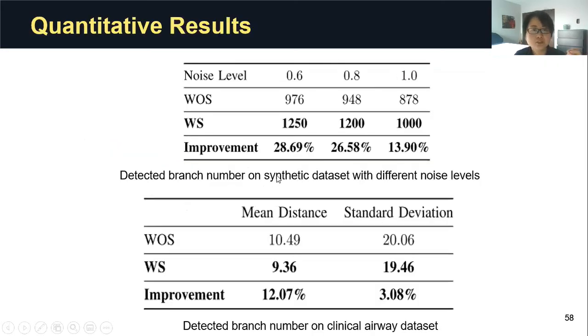Here are the quantitative results for the synthetic dataset as well as the clinical dataset. WOS means without statistics, WS means with statistics. We can see that with different noise levels across the synthetic dataset, using statistics hugely improved the number of branches detected.